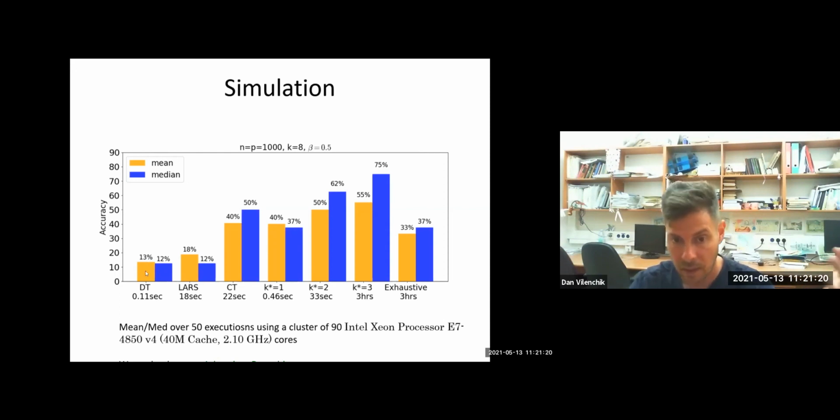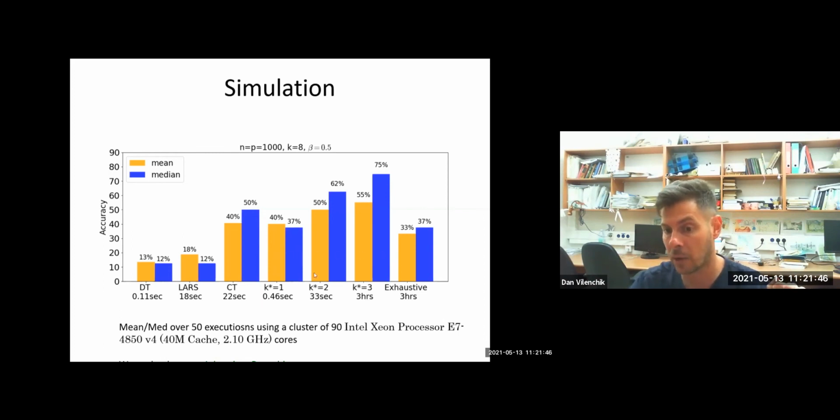Well, not exactly guessing, but again, it fails miserably. And then this is Lars, the regression algorithm, the one that solves regularized regression. This is covariance thresholding. As you can see, they run very fast, and this is only on a single processor. They run very fast, but give useless results.